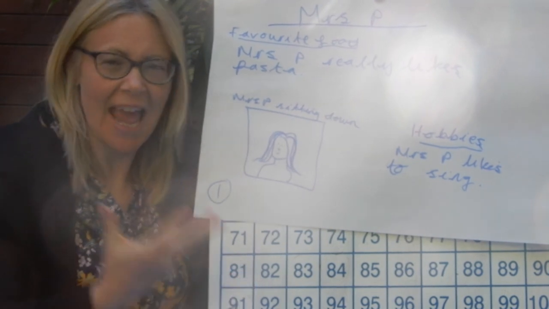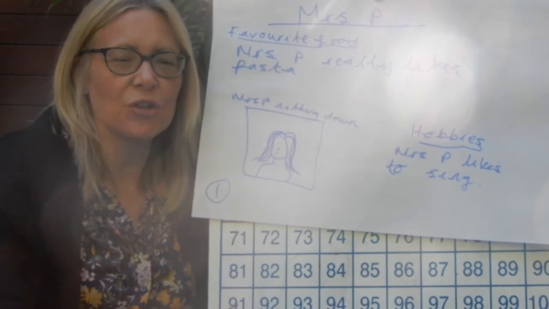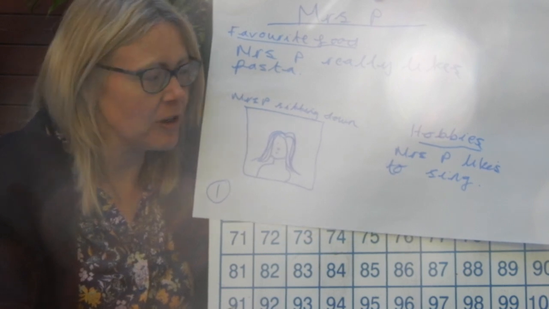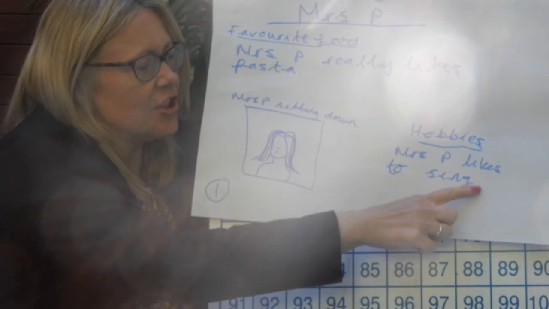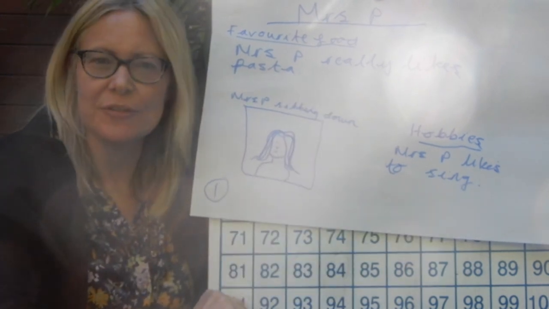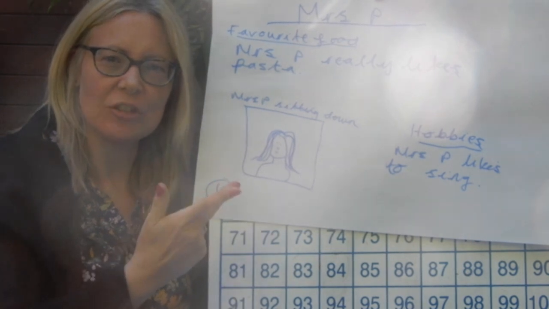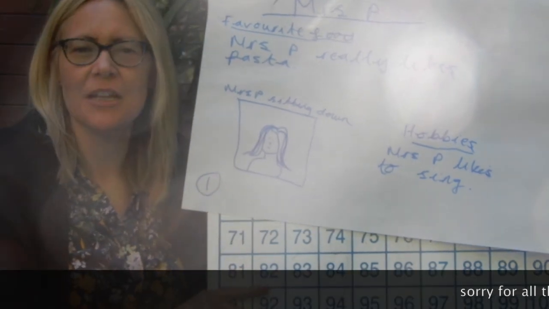You're not saying, hey, look at this, and you're not being bossy and telling somebody to do something where you might use an exclamation mark with a command. So you will tend to use full stops at the end of your sentences, okay? So capital letters, finger spaces, full stops, and lovely cursive writing if you're in my class.